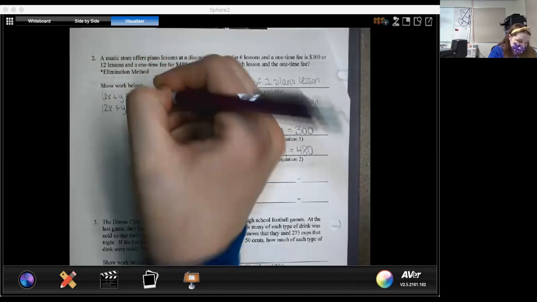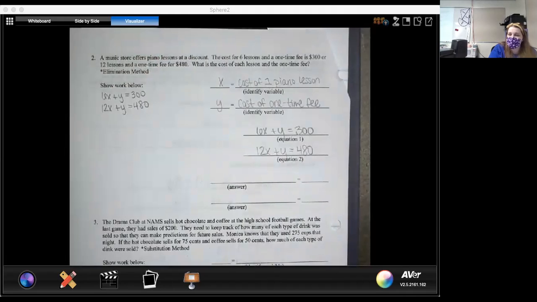Looking at my equations, which variable makes more sense to eliminate? Why? Does it matter which one I use to manipulate? Not really. Neither one's going to make a significant impact. So what should we do for manipulating?